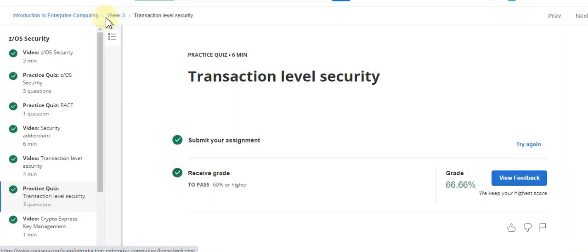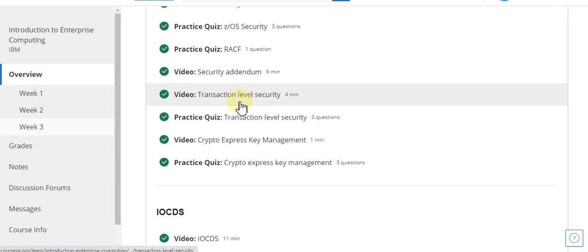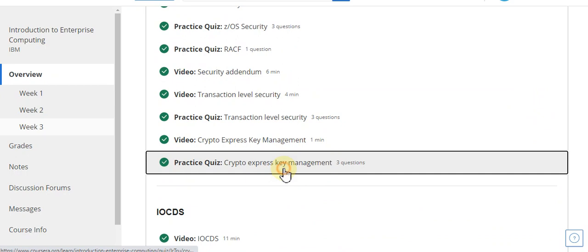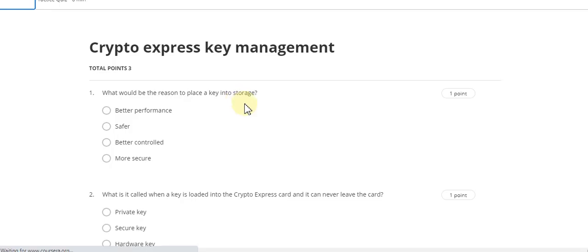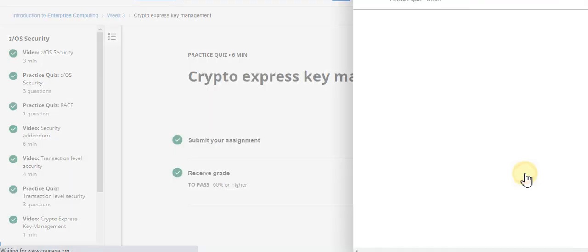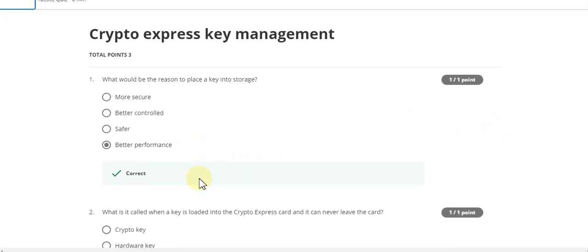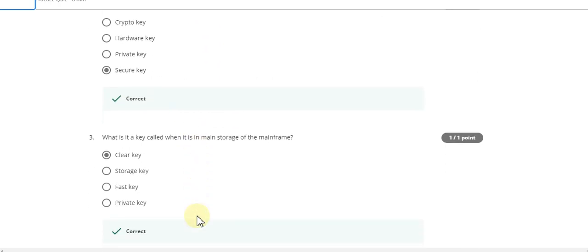Now go to the week 3 practice quiz part 3, Crypto Express key management. The first question answer is better performance, the second is secure key, and the third is clear key.